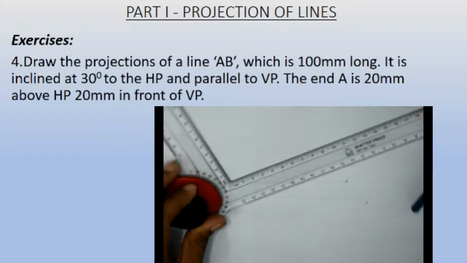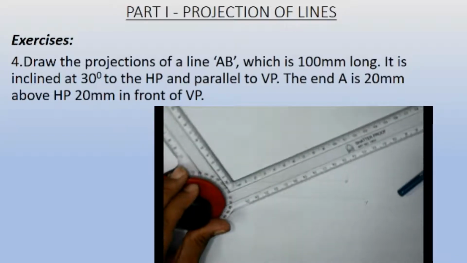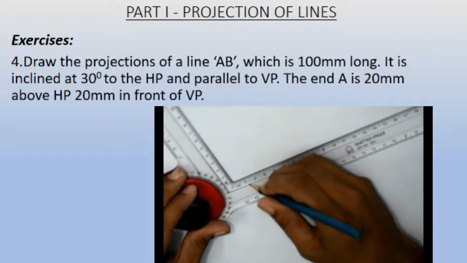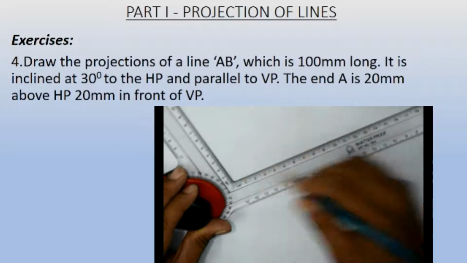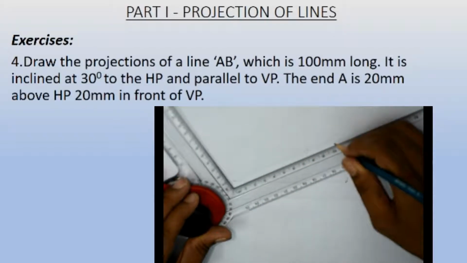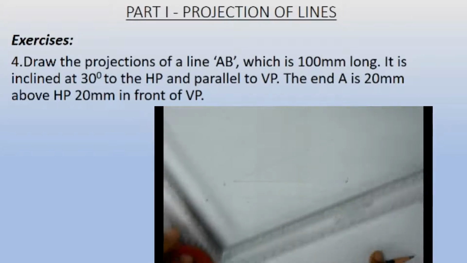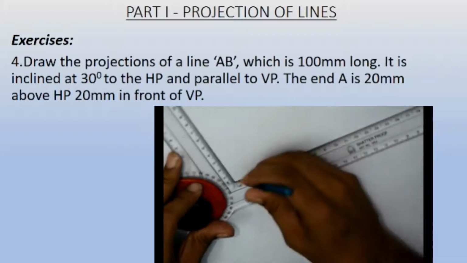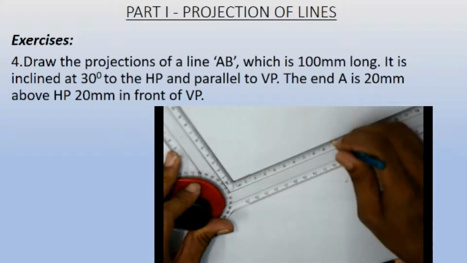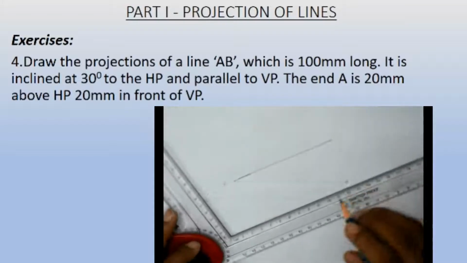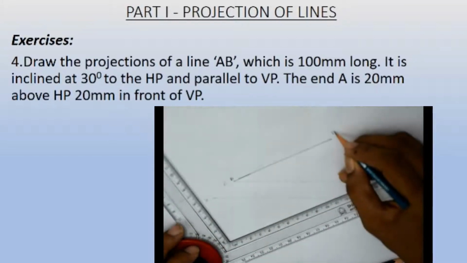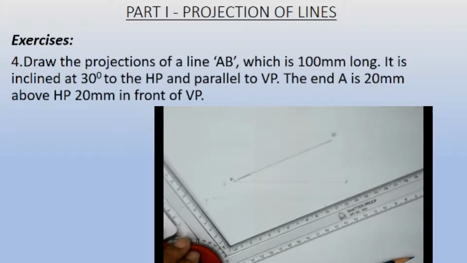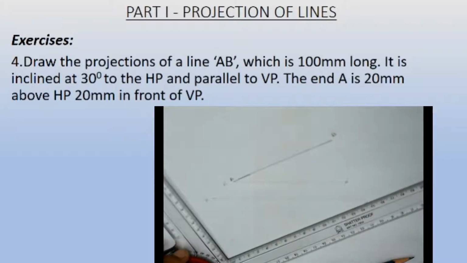Now we can use our H pencil. Say this is the end A and this is the end B. This is the actual front view.